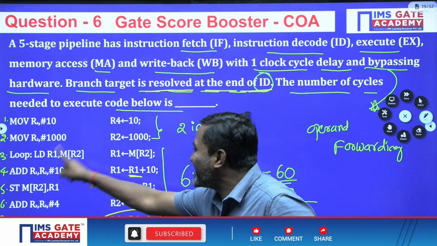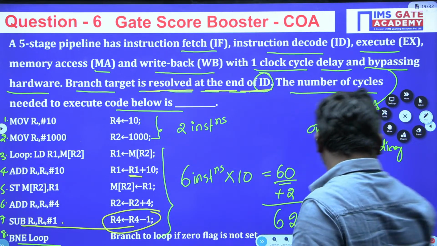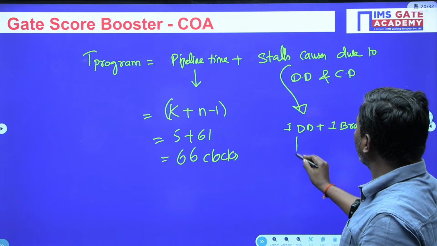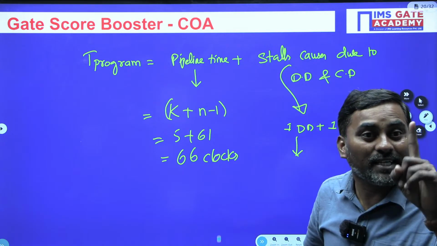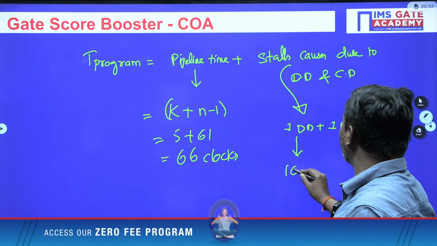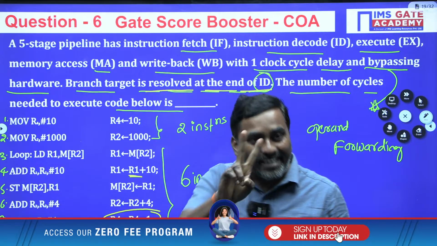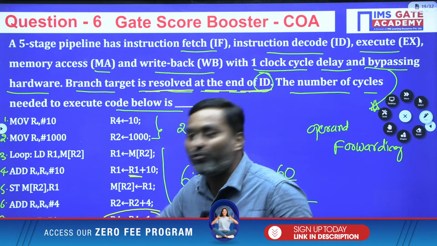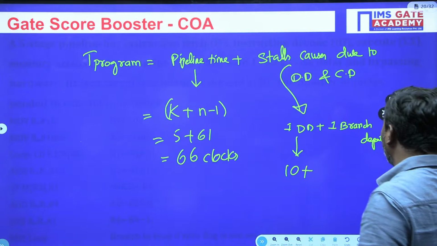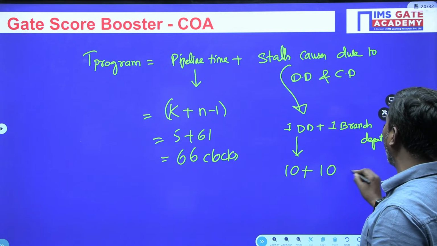After that, this has to repeat 10 times. Due to this data dependency, the load is running 10 times, so 10 stalls, since load followed by add will run 10 times. Now subtraction followed by branch will also run 10 times. That means 10 stalls will happen.